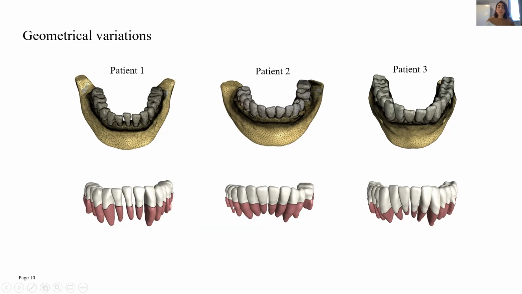And there are some variations in the roots and crown sizes as well. In order to take these variations into account, we need to somehow provide a generic model that can consider these variations and help us to better predict the movement of the teeth.